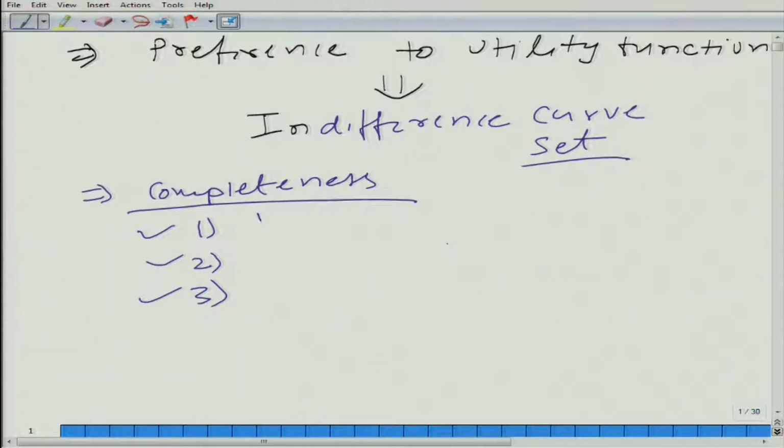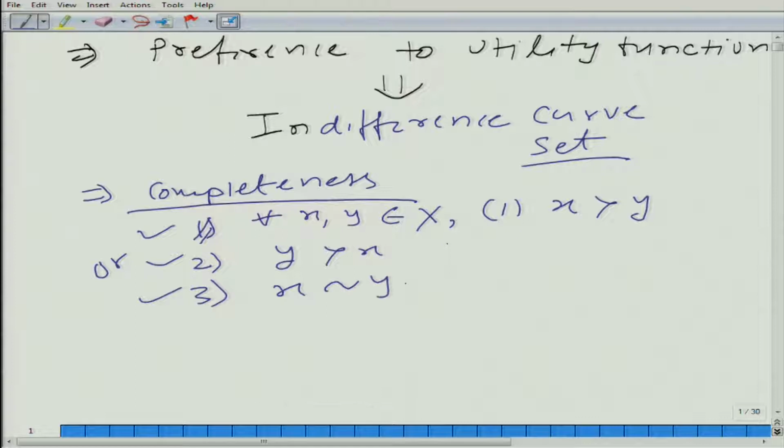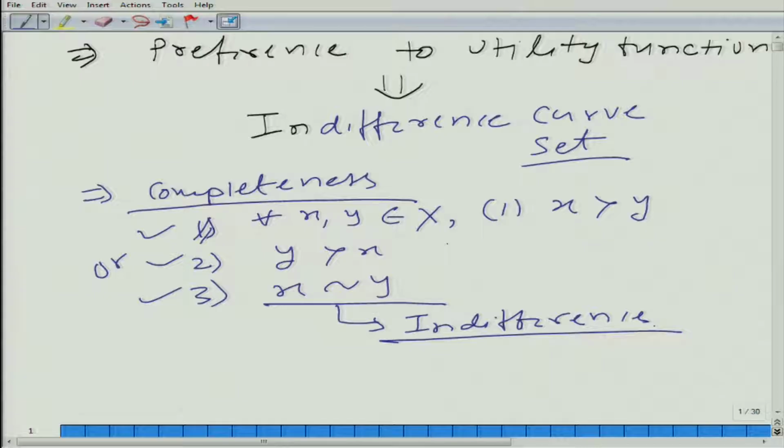If we pick any x, y in the consumption set, then we should be able to say one: x is strictly preferred over y, or y is strictly preferred over x, or you are indifferent between x and y. So here we have already learned about indifference, that you are indifferent between these two bundles.